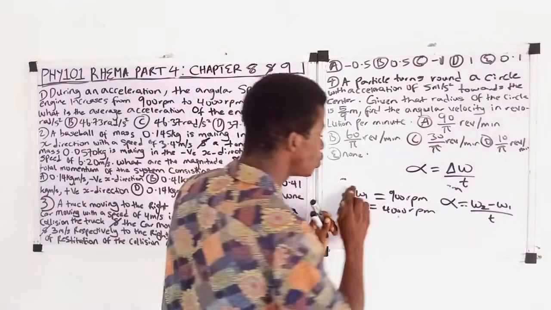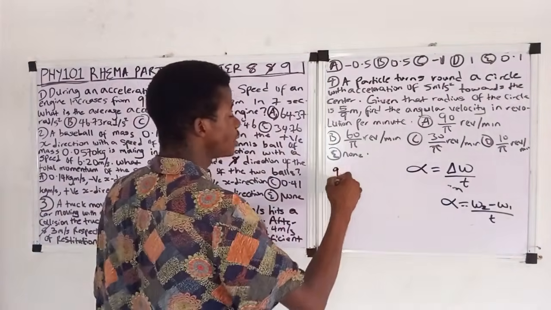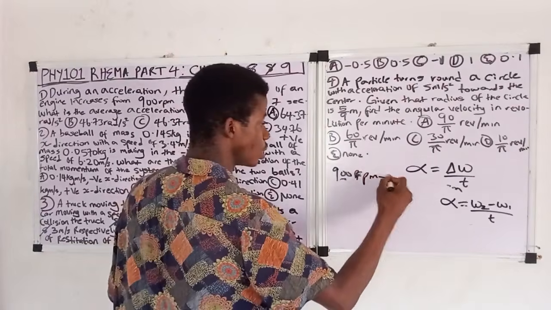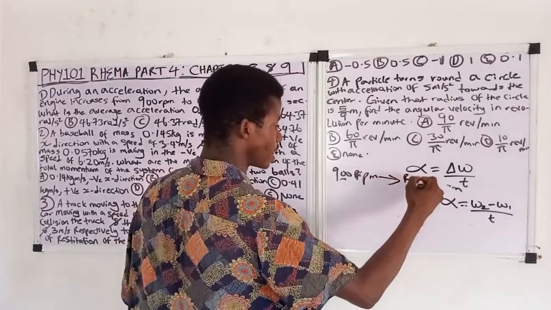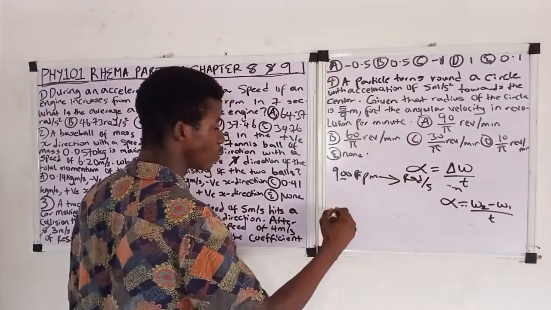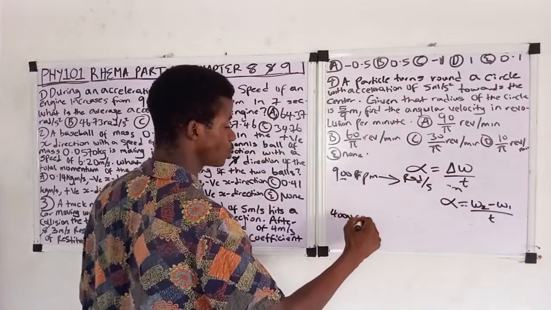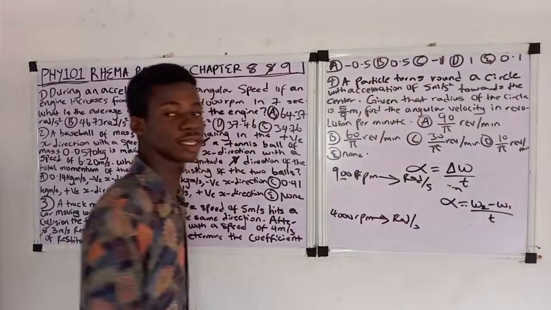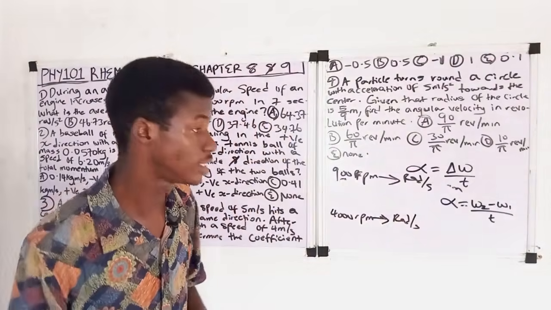We need to convert 900 revolution per minute to rad per second, and we need to convert 4000 revolution per minute to rad per second. So how are we going to do this?